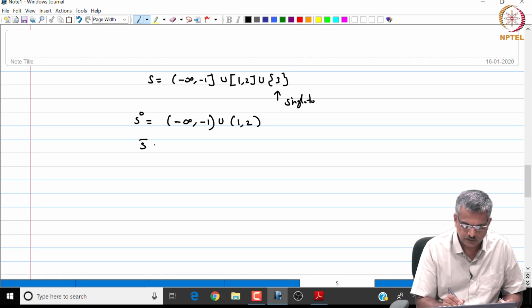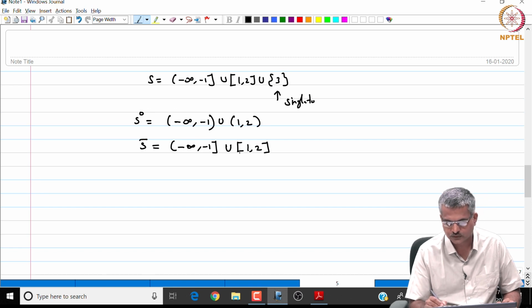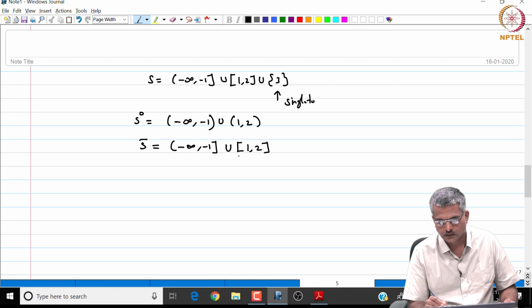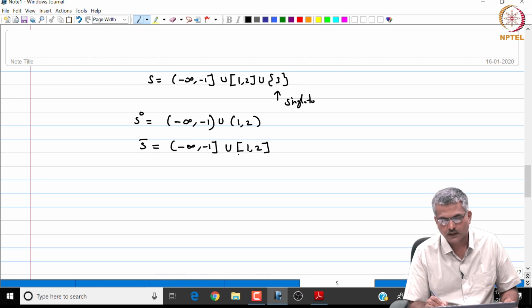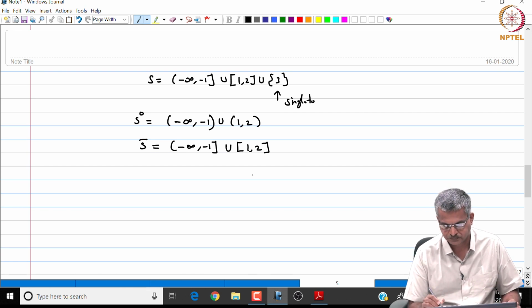So, the set of closure points of S will certainly include all points from minus infinity to minus 1. It will include the points 1 and 2, because about 1 every neighborhood should contain at least one point from the set, and obviously the number 1 is there in that set.